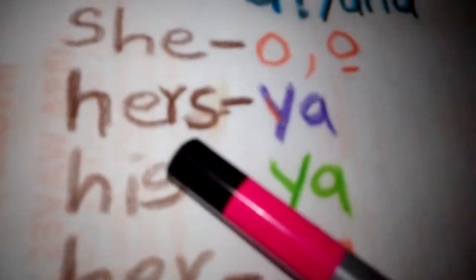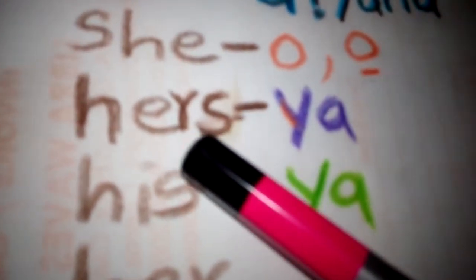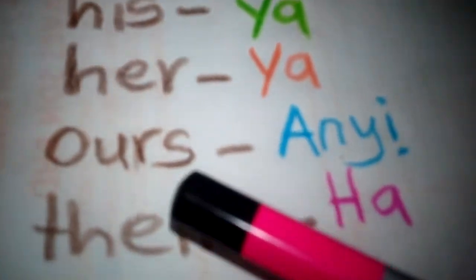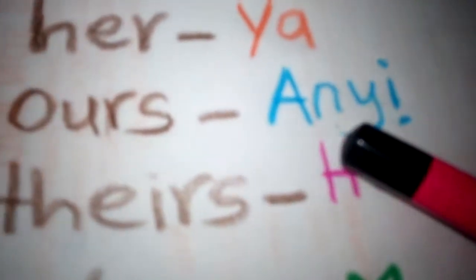Okay, so ha, has, that's the possessive pronoun. I will teach you that in another video. Possessive pronoun. Okay, has, ya, his, ya, her, ya, our, anyị. This is a possessive pronoun.